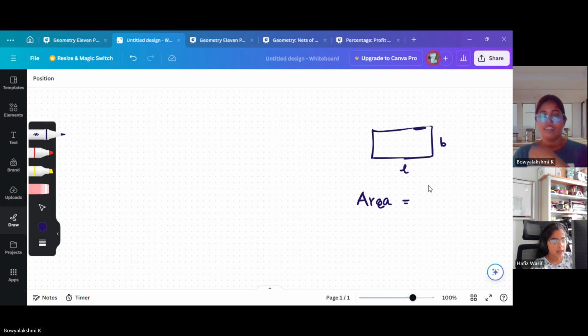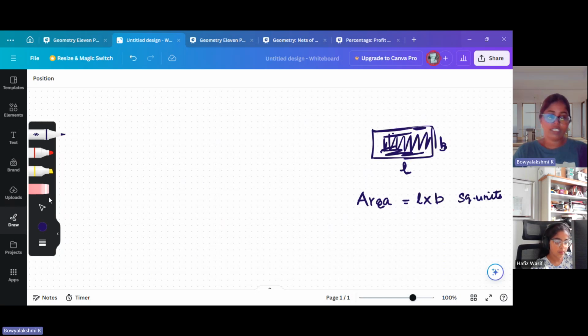This is L, this is B. If you want to find the area of this inside portion, how will you find it? Will you add L and B or will you multiply L and B? Multiply. Perfect. L times B is area, and it's in square units.